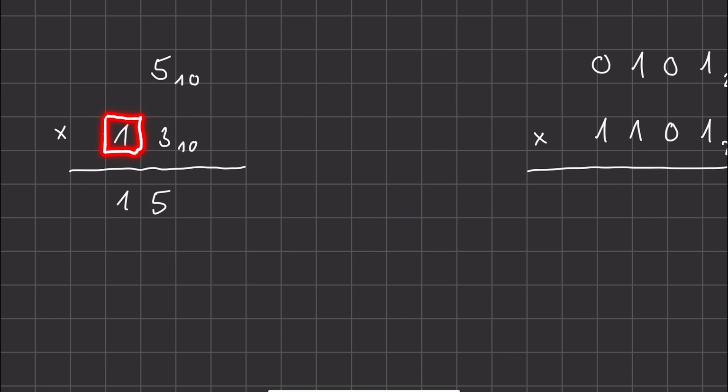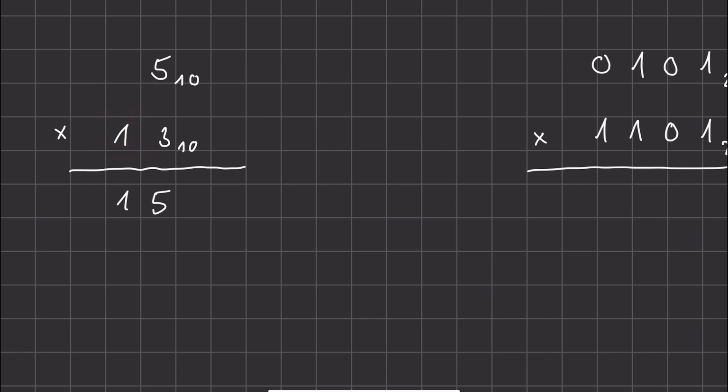The next highest digit is this 1, which is in the tens position, so this 1 means 10. Our next multiplication is 1 times 5, but because this 1 is actually a 10, it would be 10 times 5. What we do is this multiplication, but because this is in the second position, we write it one place to the left.